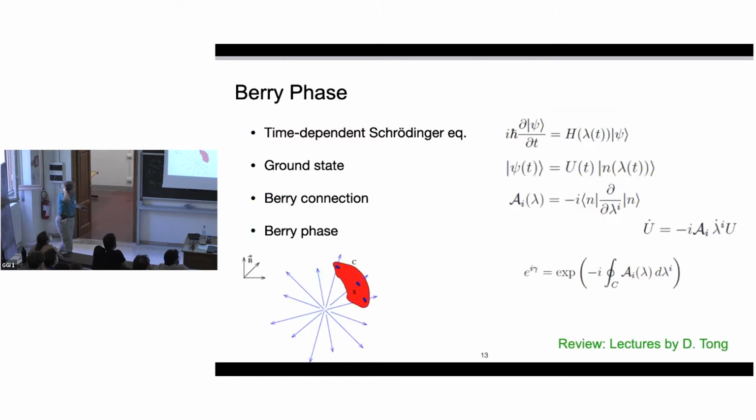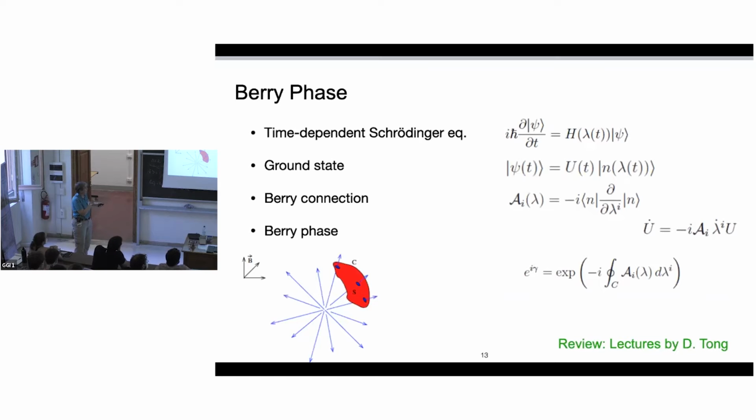Okay, a very quick reminder of what the Berry phase is in quantum mechanics. The starting point is the time-dependent Schrödinger equation, where we look at some ground state that you can write in this way with a basis and a time-dependent unitary transformation. Then the Berry connection is defined as the derivative with respect to this set of parameters, so that gives the dimension of this connection.